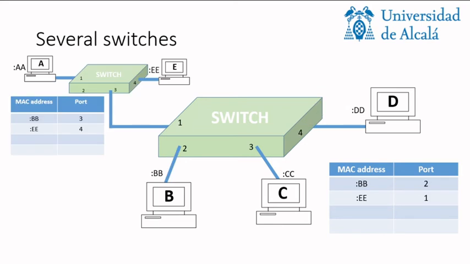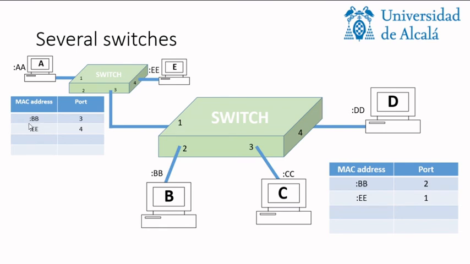We're going to provide an additional example with several switches. So what happens when we have several switches? In this scenario, we have 2 switches and the tables are not empty. They already have some information. So this switch here has some information about MAC address P, and it says that MAC address P is associated with port 3, okay?